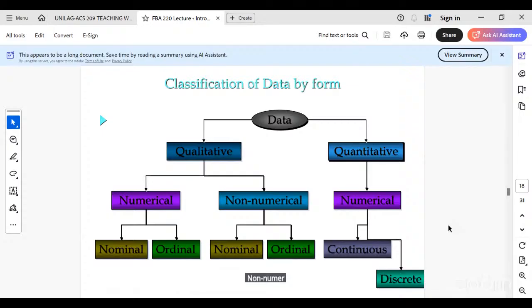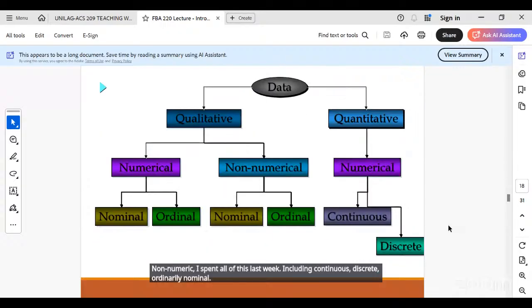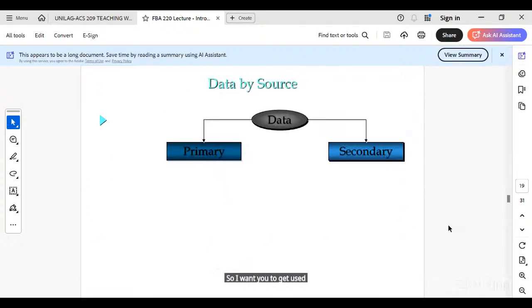I explained all of this last week, including continuous, discrete, ordinal, nominal, and so on. So I want you to get used to all of that, and that will be data according to nature.